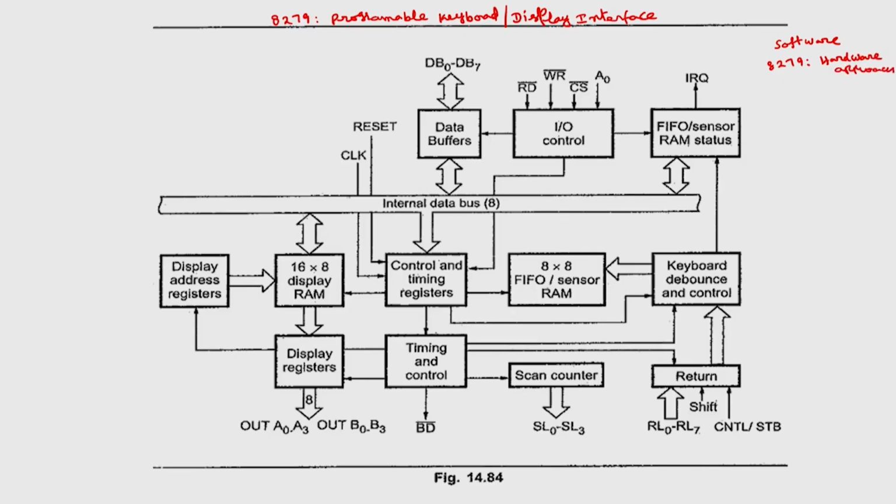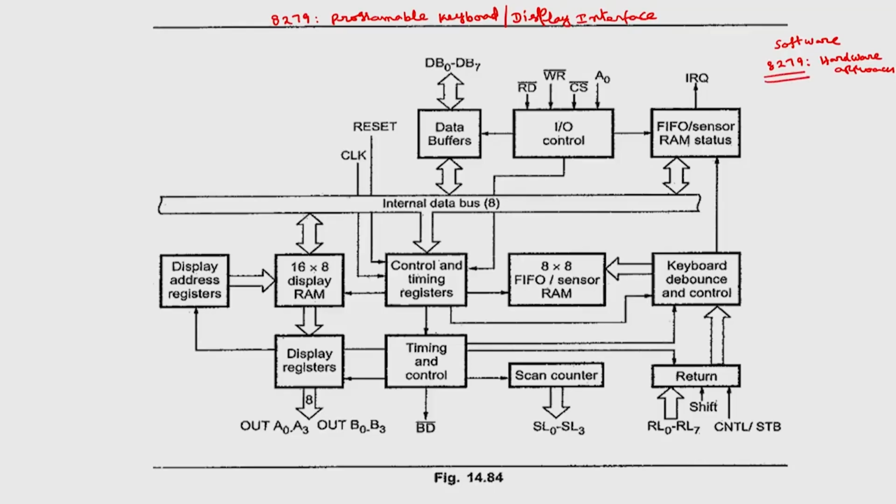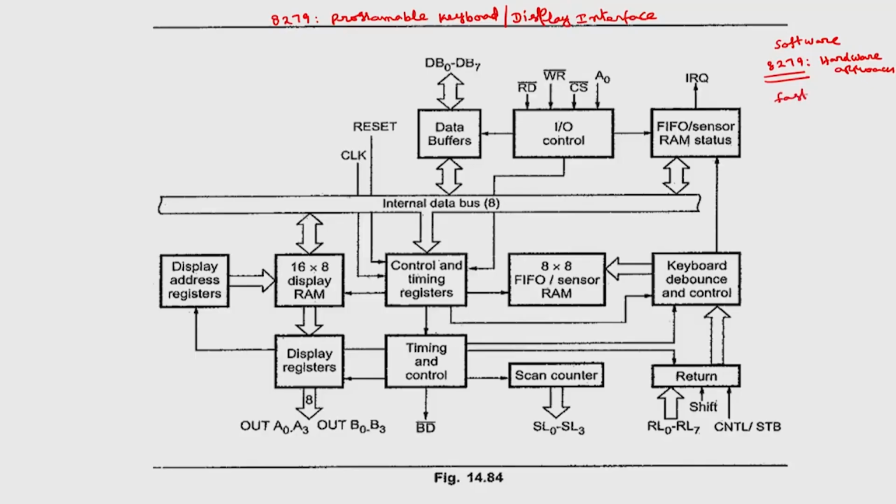Then what is the need or advantage of 8279 over software based keyboard interface and multiplexed display interface? The advantage of this hardware based approach, as I have told in the earlier classes also, is that we can have fast interfacing. The interfacing through 8279 is fast compared to software based.